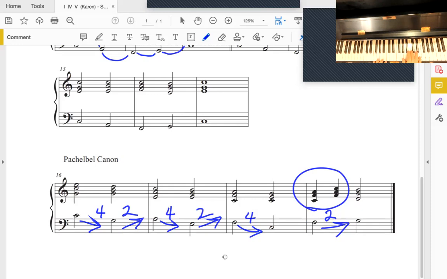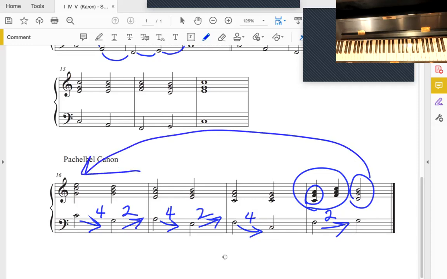It's what Pachelbel wrote. And the reason I did that was so that I could get from this chord to this chord, which gives me a nice common tone right back to the original chord without having to move things around.